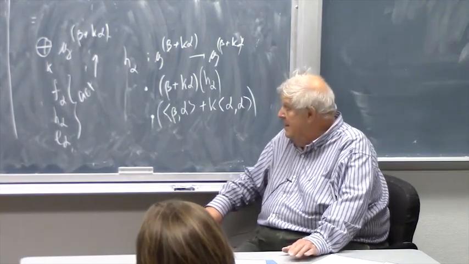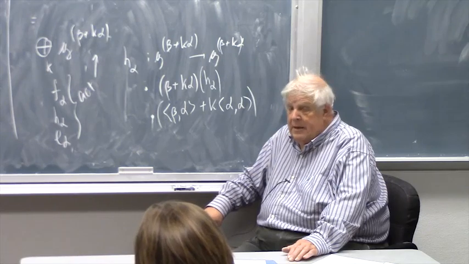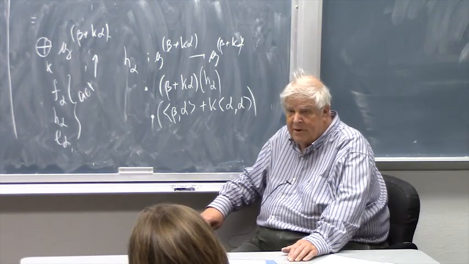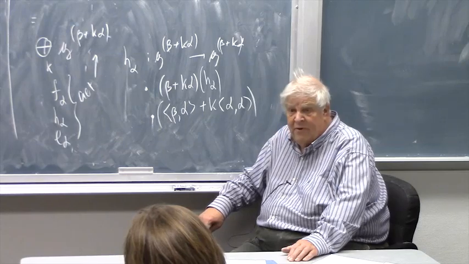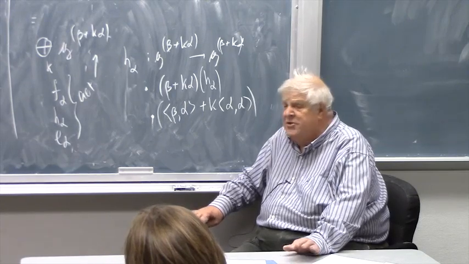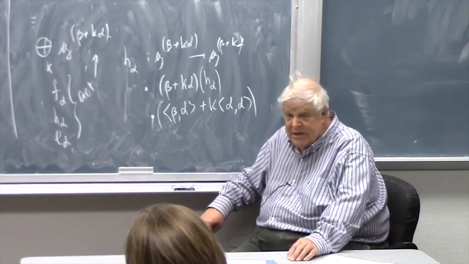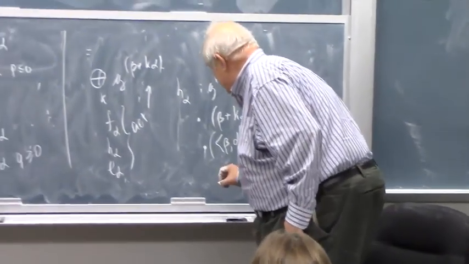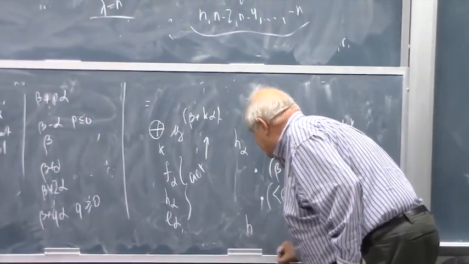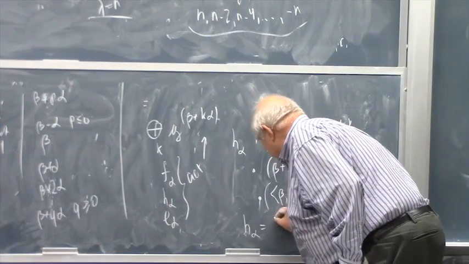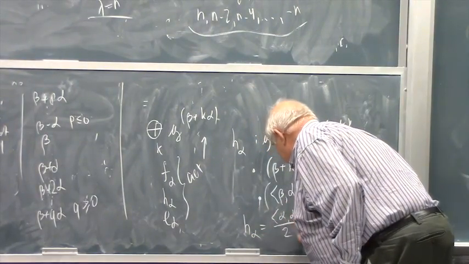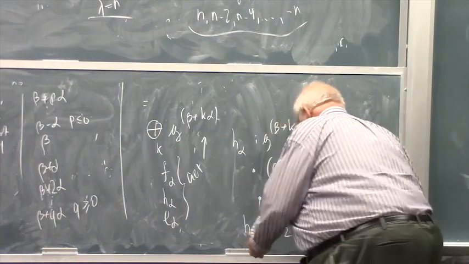Now what next? These operators f alpha, h alpha, and e alpha may be reworked into e, h, and f of SL2. E and f so far are not interesting for us, but h. So h alpha is alpha alpha over 2 times h.